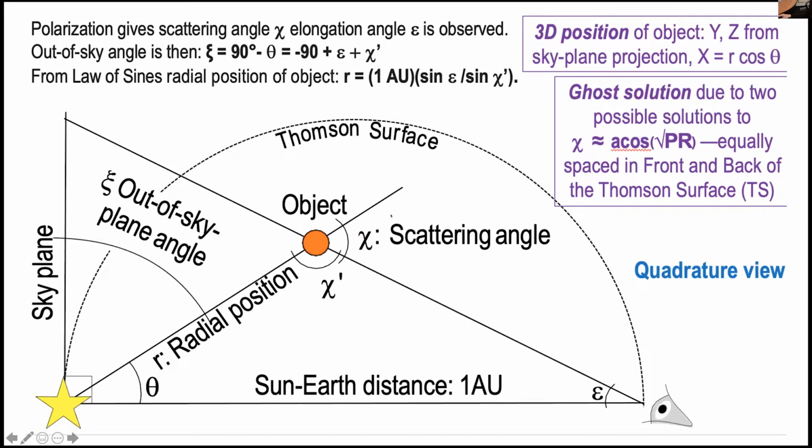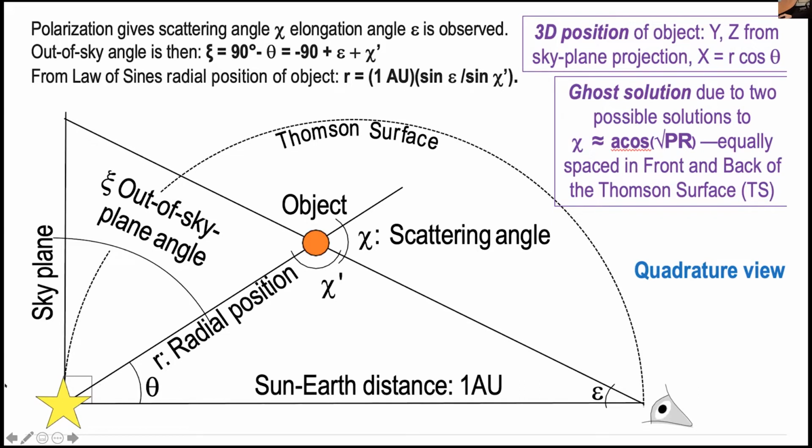One important caveat is that there is a ghost solution due to 2 possible solutions. Basically, you're solving an equation which has a square root, so you've got a positive and negative there, and so there are front and back solutions. When you're close in, it's pretty straightforward.